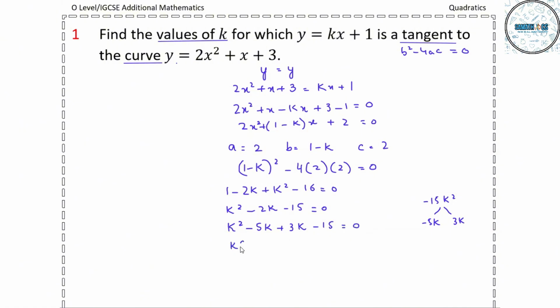K is common. K minus 5 plus 3 is common. K minus 5 is equal to 0. So we have here k plus 3, k minus 5 is equal to 0.